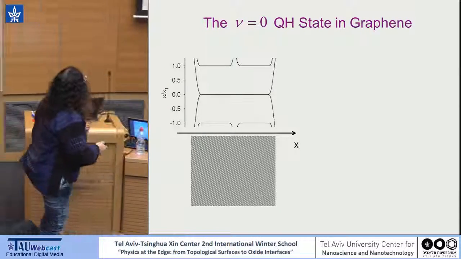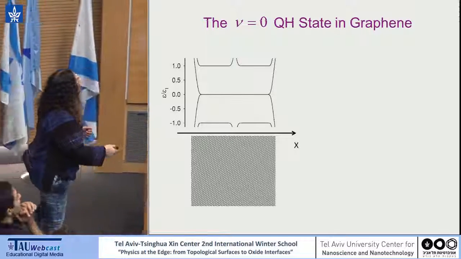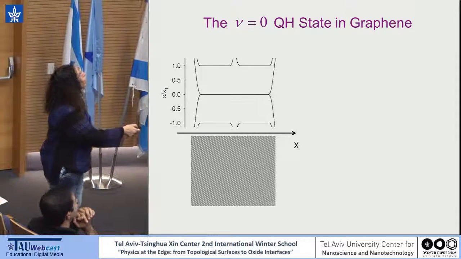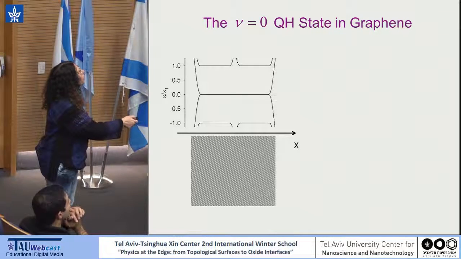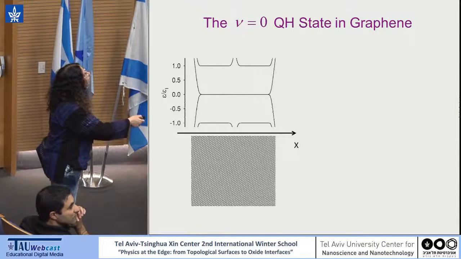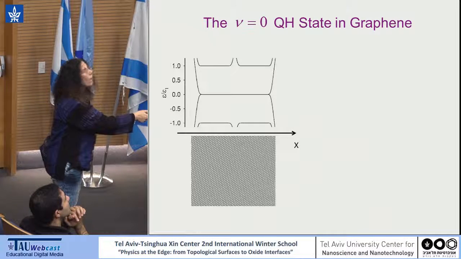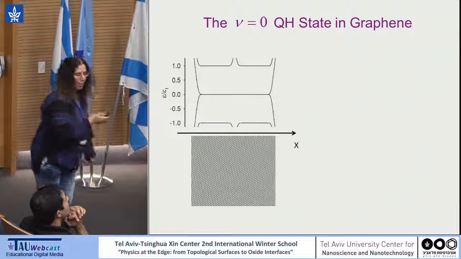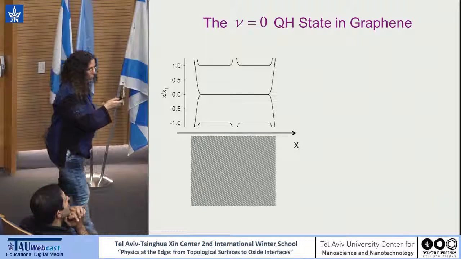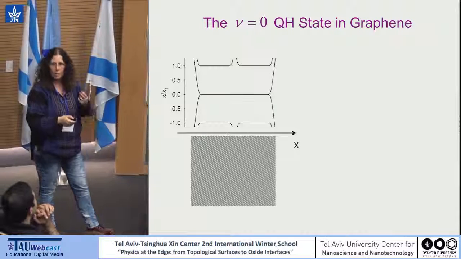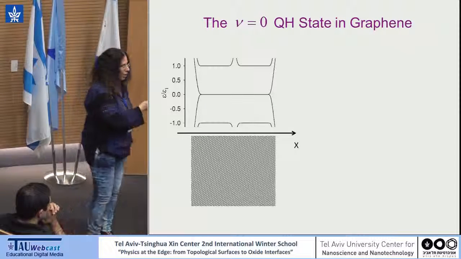In particular, if you have a ribbon with an edge, on the edge, the valley degree of freedom is split, and then you get particle and hole-like states, which disperse like this. Now, this assumes that I'm completely ignoring the real spin degree of freedom.